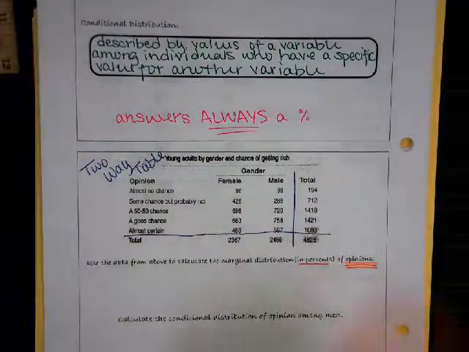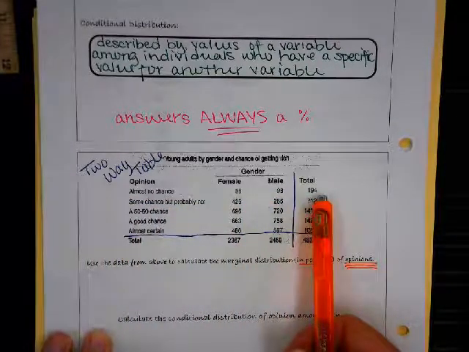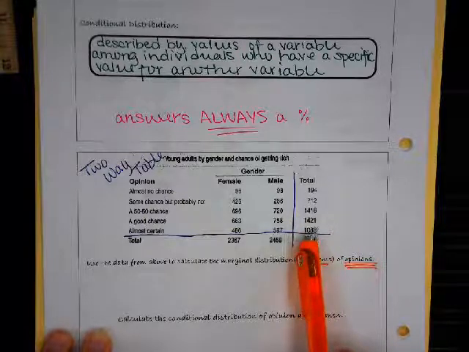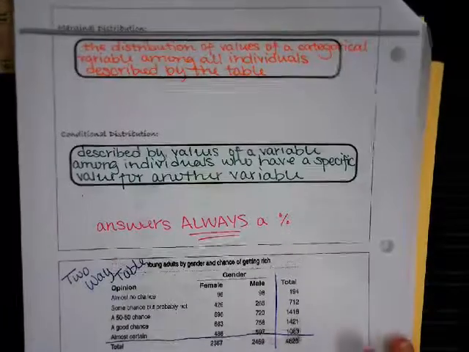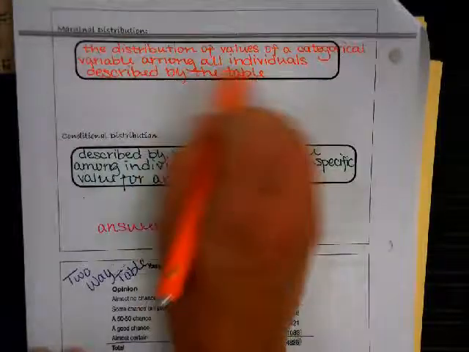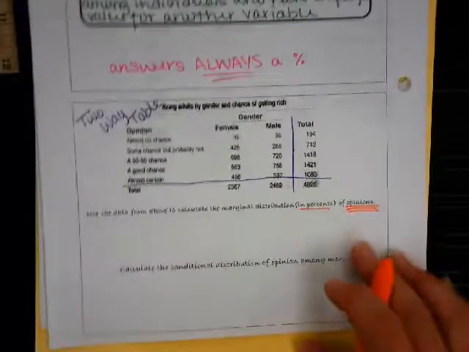We're going to be looking at the total for almost no chance, some chance, 50-50, good chance, and almost certain. And the definition of marginal distribution is the value among all individuals. So we're going to take the totals divided by the grand total to find our marginal distribution here.